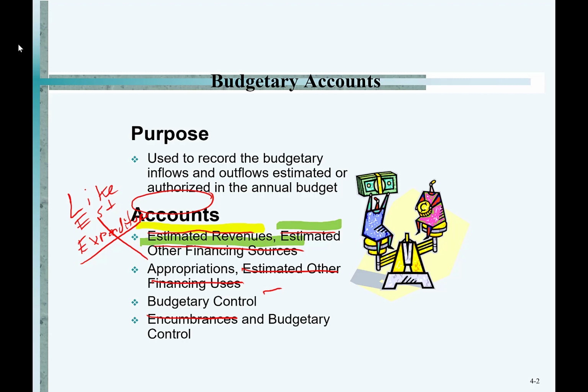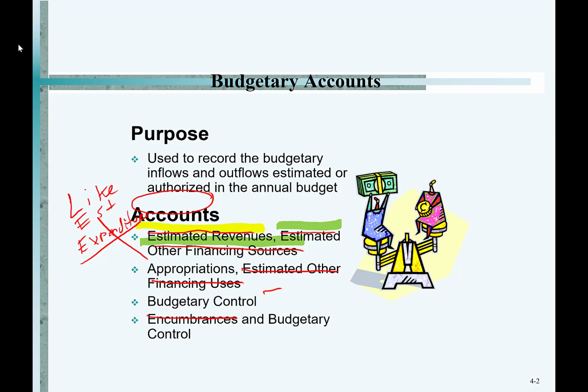That money that's left over theoretically should increase our fund balance because our change in fund balance will be positive, because we'll have more revenue and other financing sources than we do expenditures and other financing uses, right? So we put it into a temporary account. We don't credit it straight to fund balance because we don't know for sure whether that's going to be the amount of our change in fund balance for the period. We park it in an account called budgetary control.